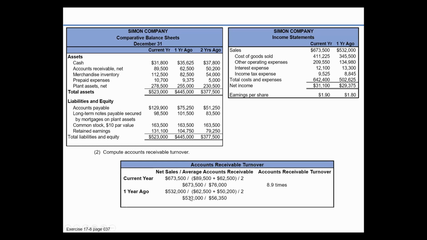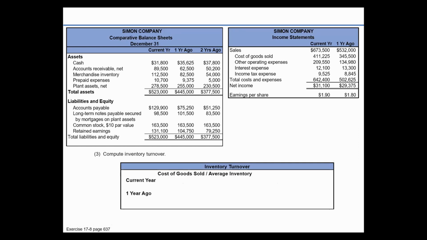So it'd be 532,000 divided by 56,350, which is going to be 9.4 times. So again, we see here that with the accounts receivable, we're starting to slow down a little bit on our collections.